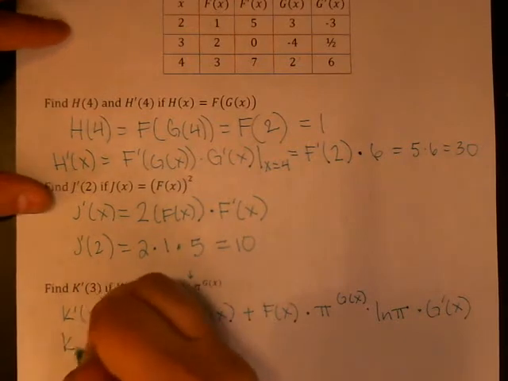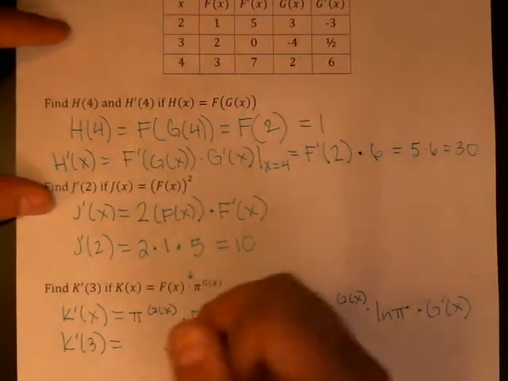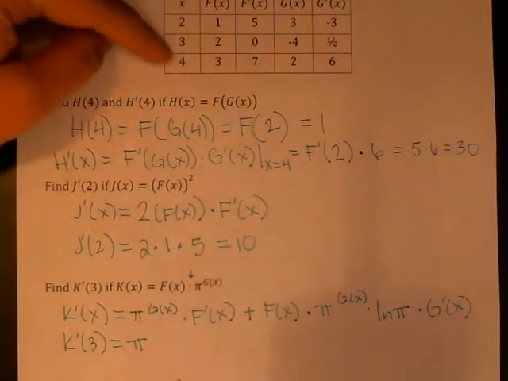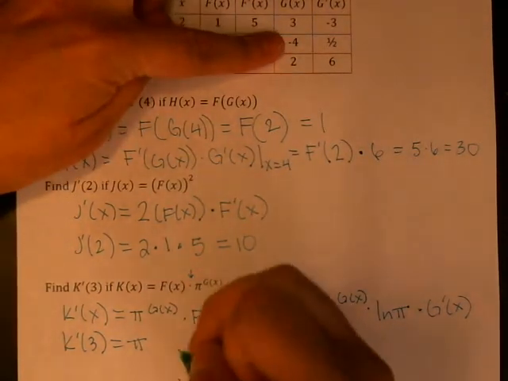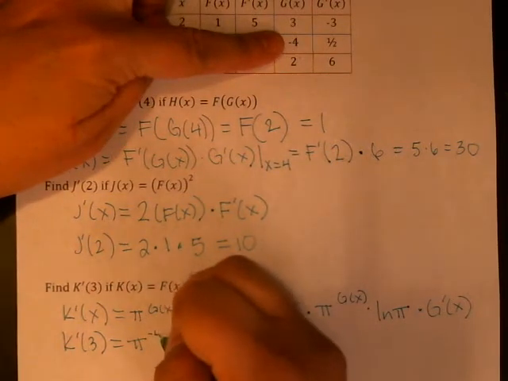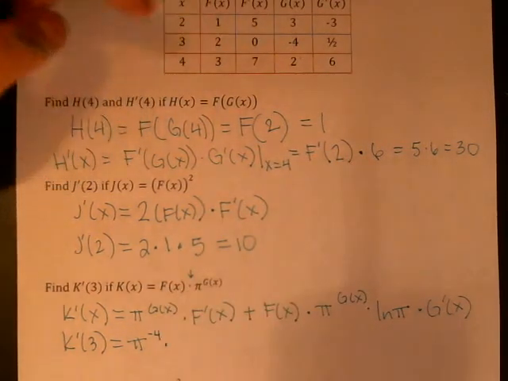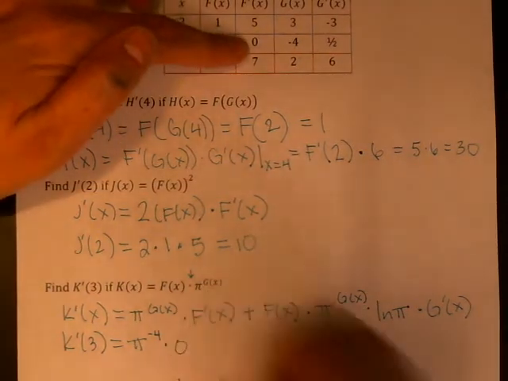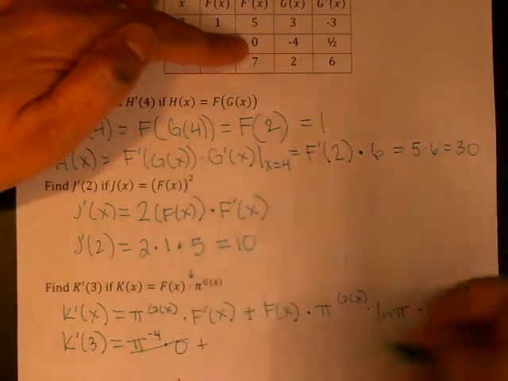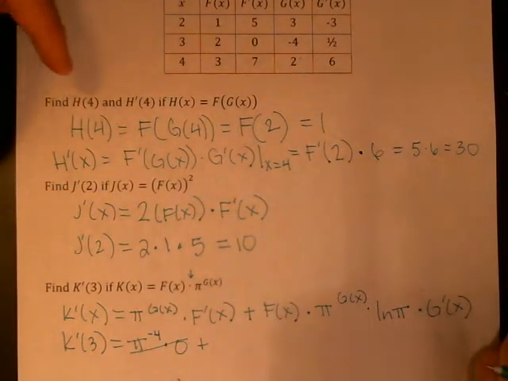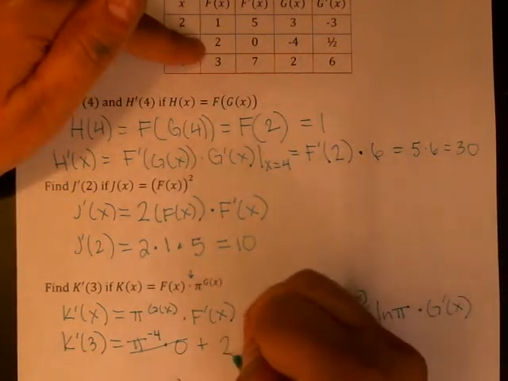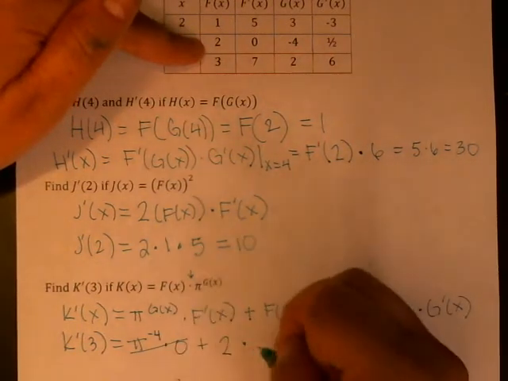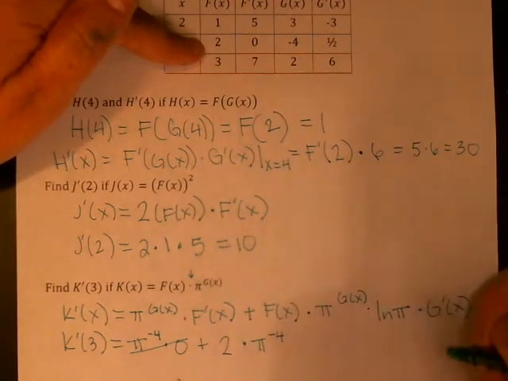And if we want to evaluate that at 3, we're going to get pi to the g of 3. Okay, so 3 is the middle. g of 3 is negative 4. Pi to the negative 4 times f prime of 3, which is 0. Okay, well that's convenient. So that first part goes away. And then f of 3 is 2. Pi to the g of 3, that was negative 4, so this is a pi to the negative 4.